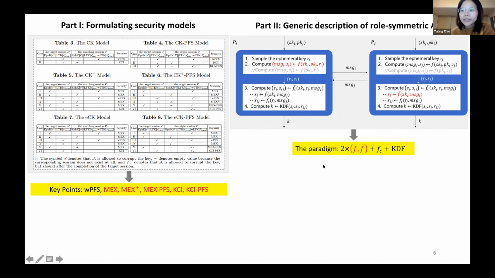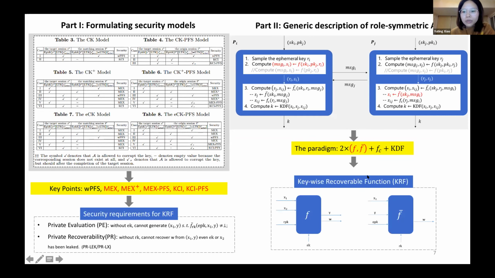Our starting point is how to securely implement the function pair F bar. This motivates us to define the key-wise recoverable function, KIF, and from these security goals, we define several security requirements for KIF.